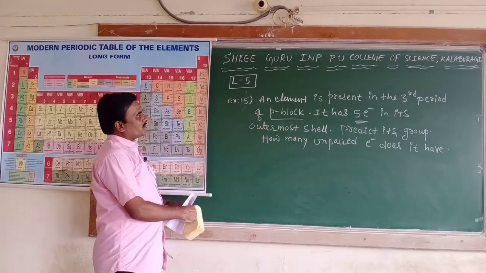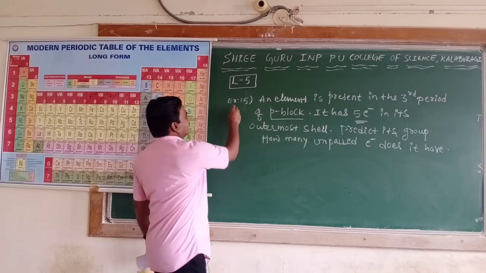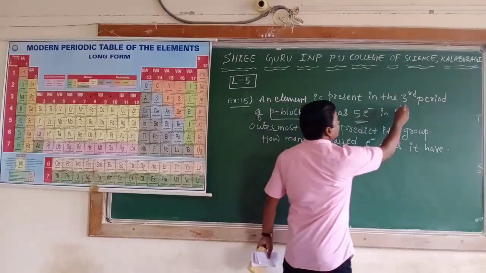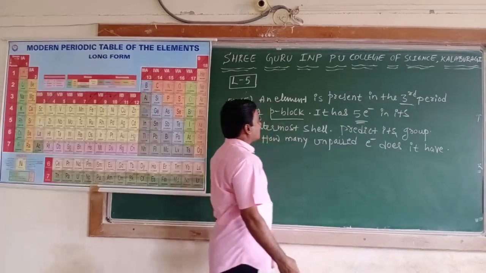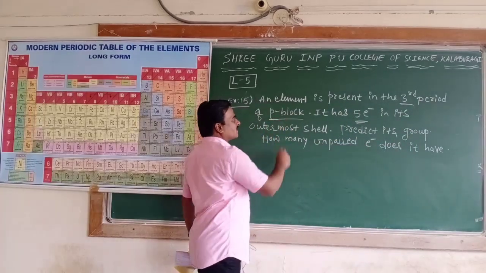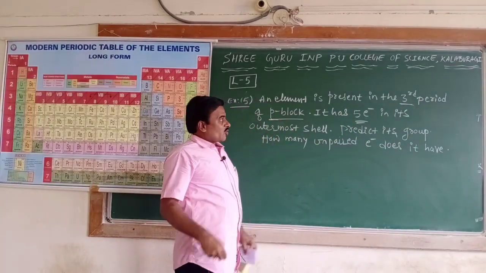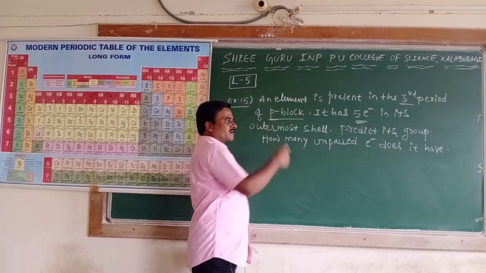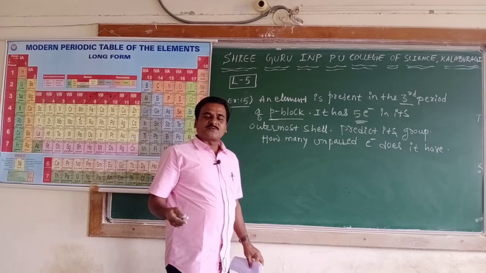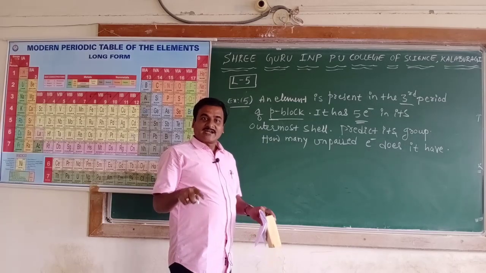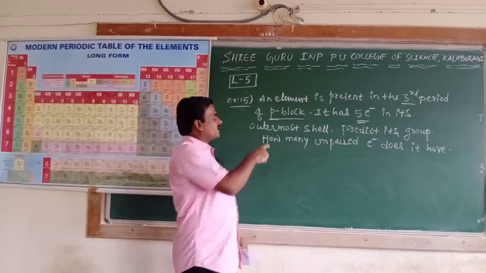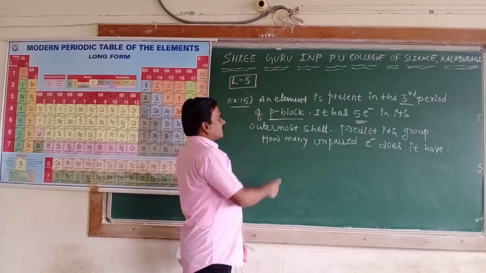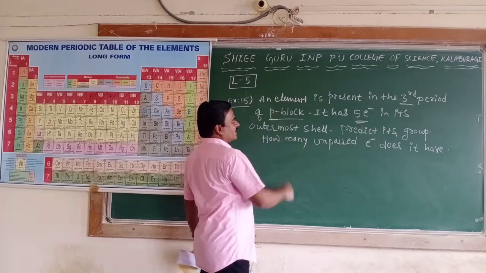Come on, read the problems carefully. Example 5: an element is present in the third period of the p block. In locating the position, they have given the period as well as the block. In the previous examples, we identified the period and the block of the element. Now they have given period and block here.